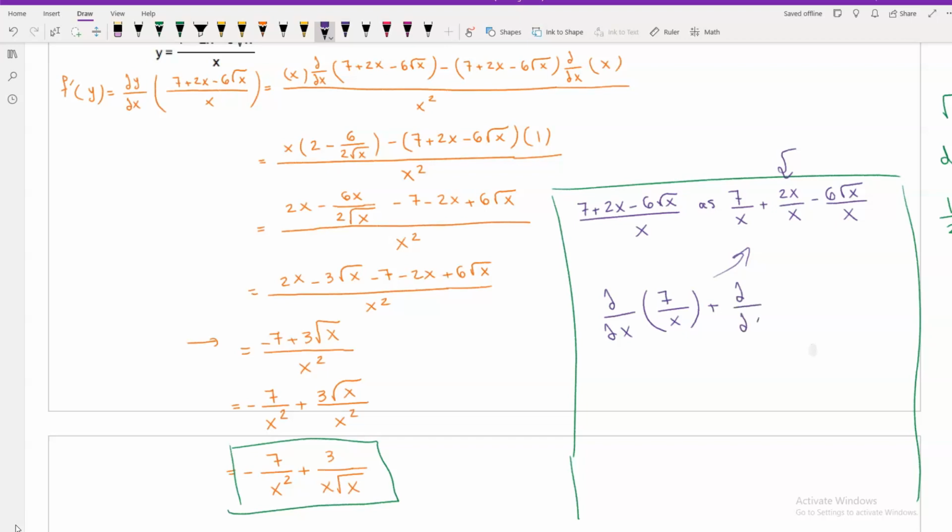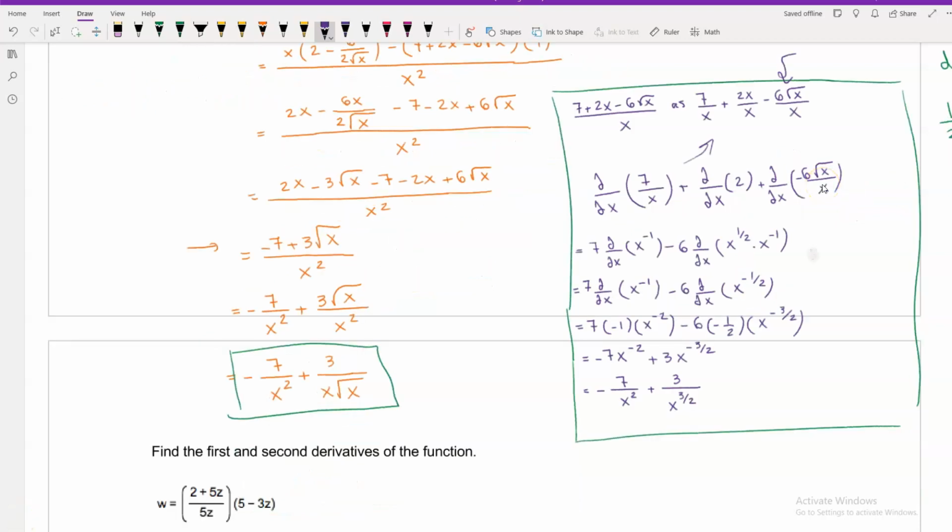The derivative of 2, and so here I simplified, and what we have is 7 times the derivative of x with power negative 1, minus 6 times the derivative of x with power 1 over 2 times, here we have x with power 1, so moving that on top, we have x with power negative 1. Now that we have the same base, we can add powers. So here the power is negative 1 over 2. And now finding the derivative.